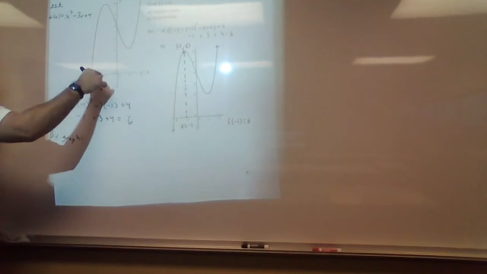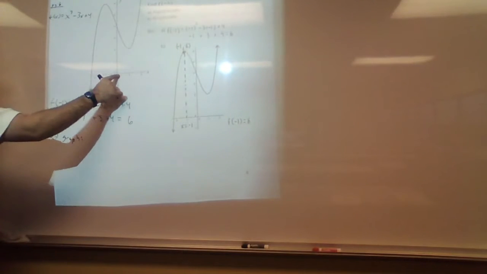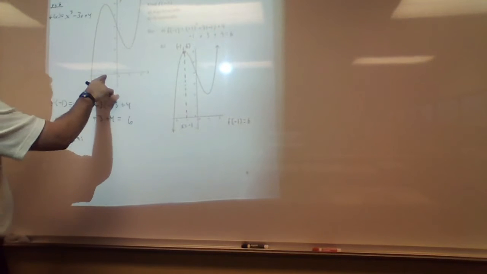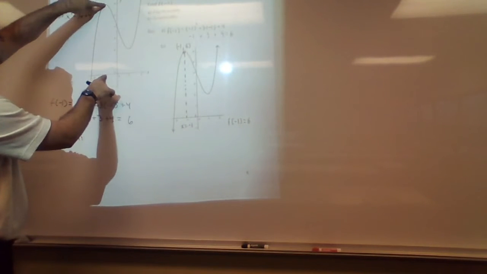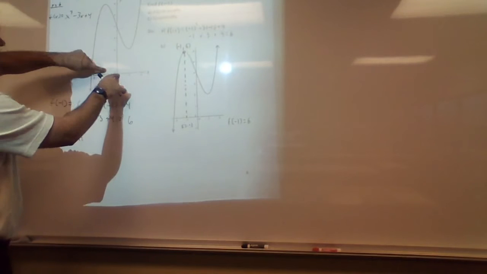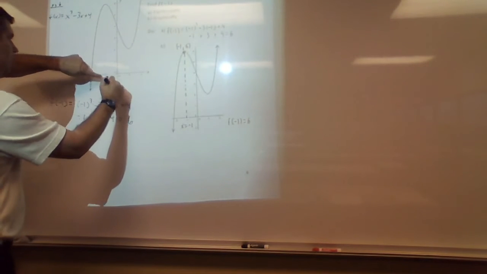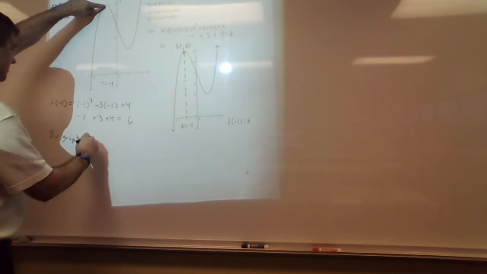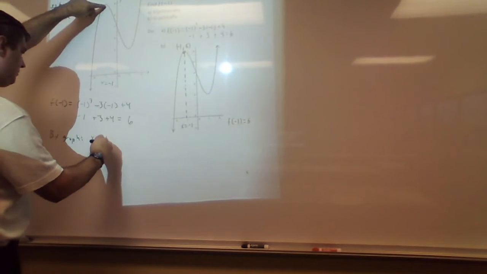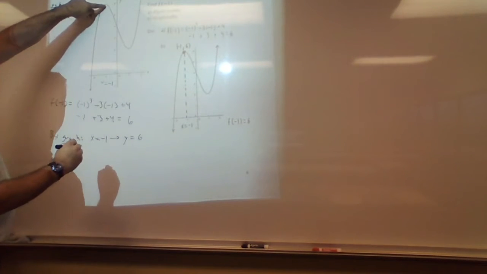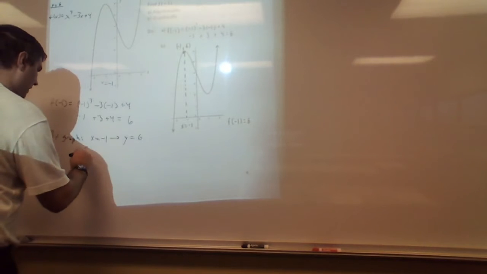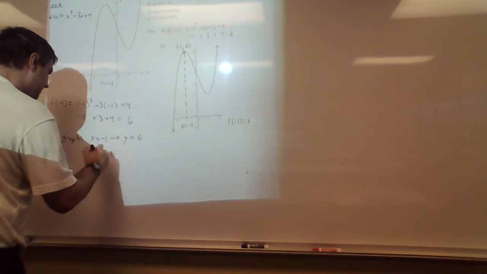I will go up or down to meet the curve or the line or whatever. So x equals negative 1, and then I will go straight up, and the y coordinate is 6. Okay, so at x equals negative 1, y is 6. So f of negative 1 is 6.